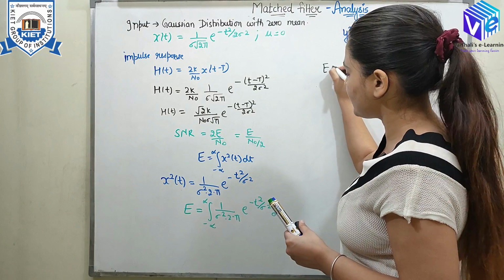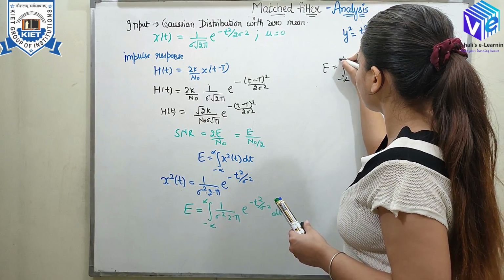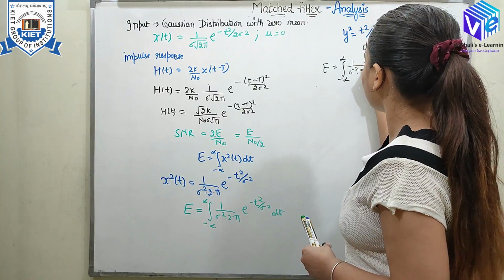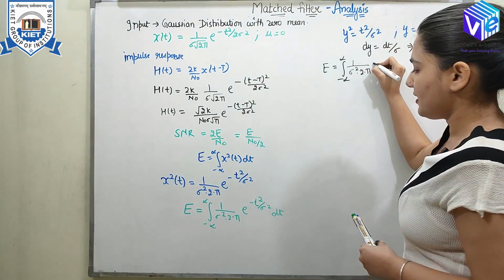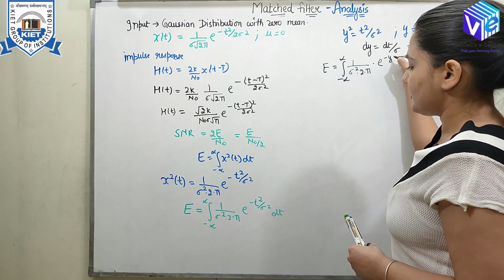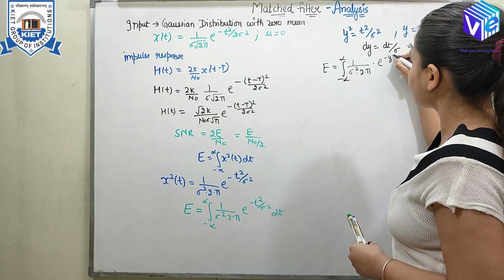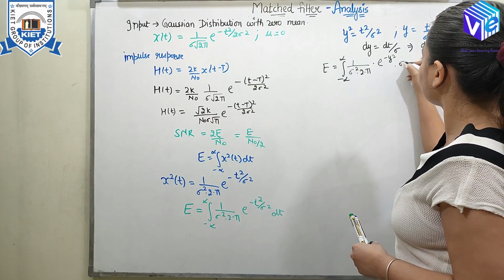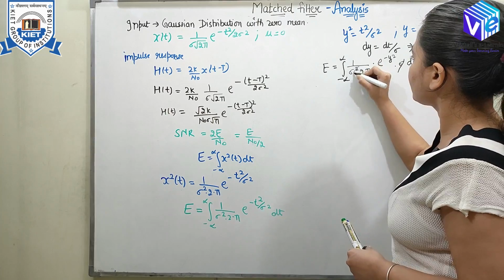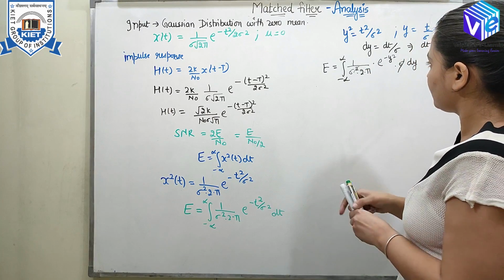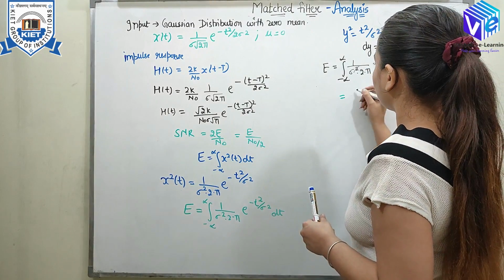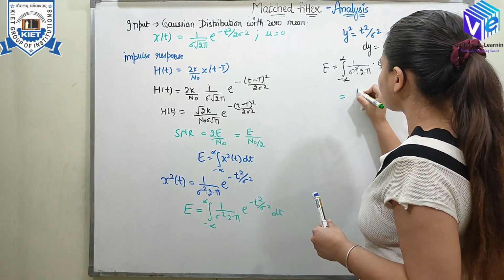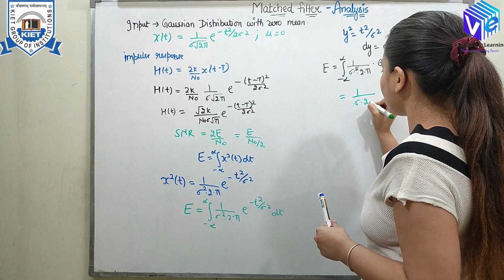So energy is equal to the integration from minus infinity to infinity of 1 upon sigma square into 2 into pi into e raised to power minus y square into dt. dt is sigma dy, so this sigma would get cancelled out. I am left with, because sigma and 2 and pi are constants, I can take them outside.